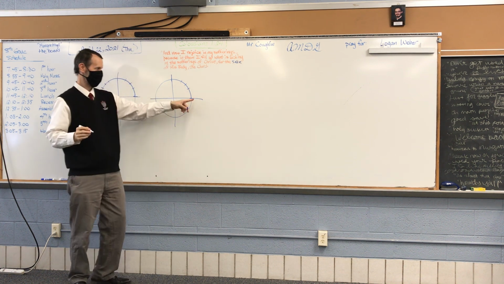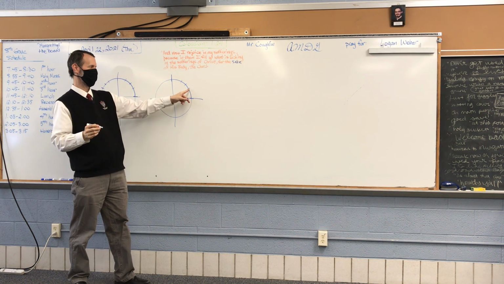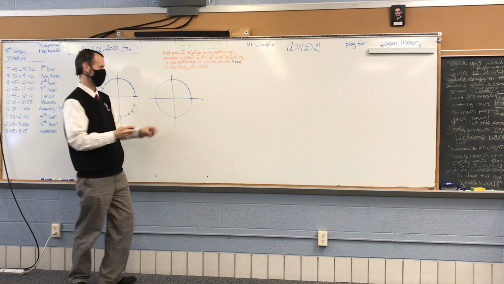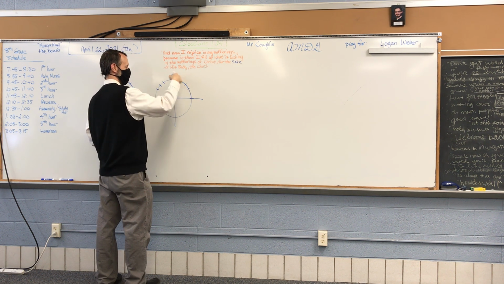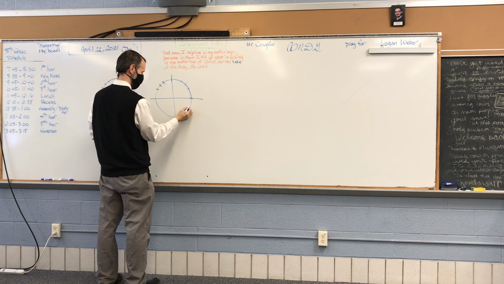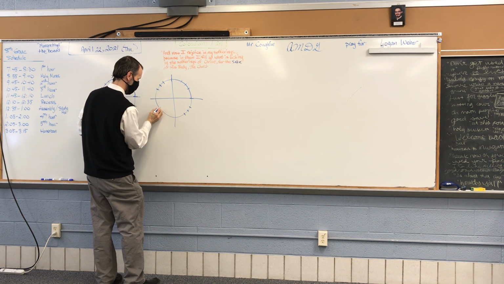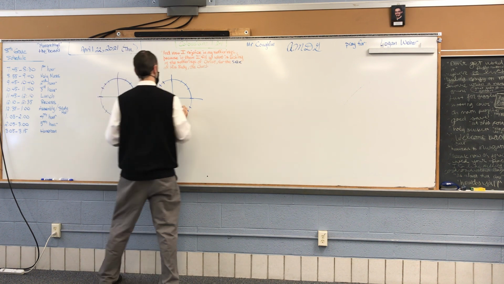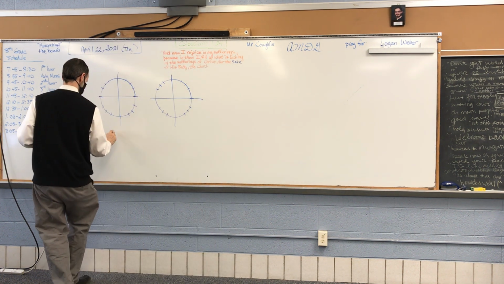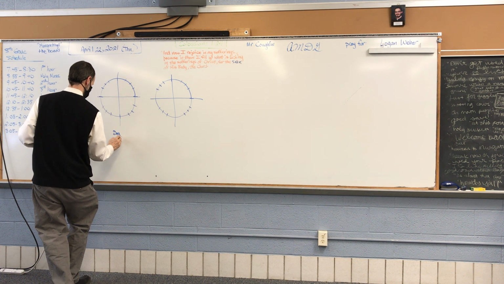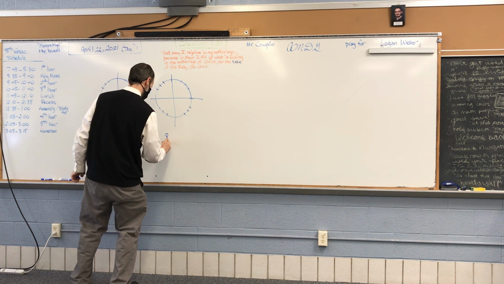Do remember that the space in between 0 and 30 is twice as big as the space between the next 2 notches. So do not evenly space these 3, otherwise it'll be wrong. The first one's going to be in degrees. The second one's going to be in radians.